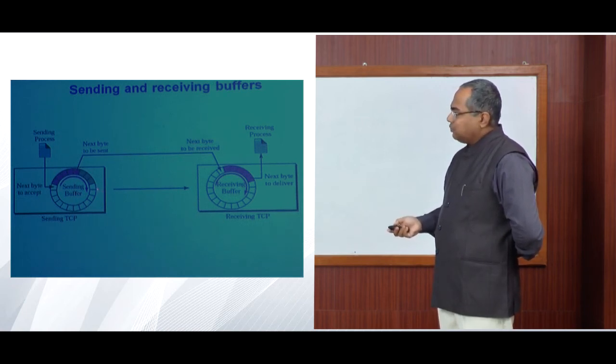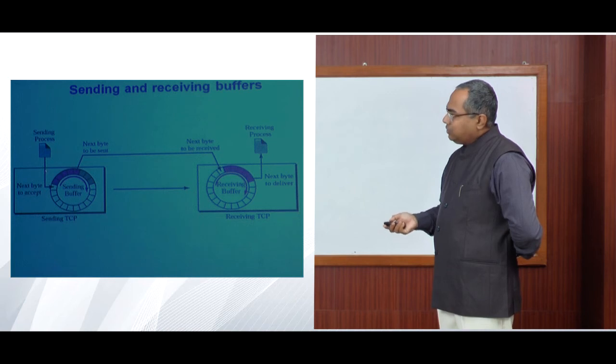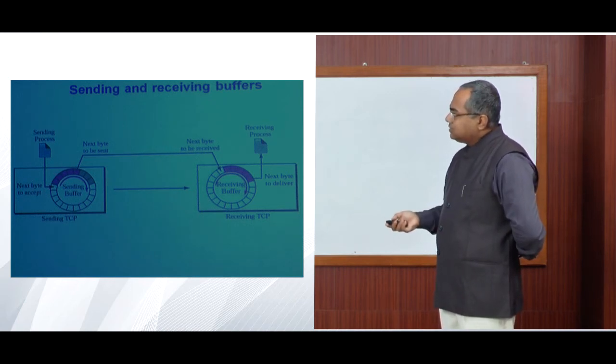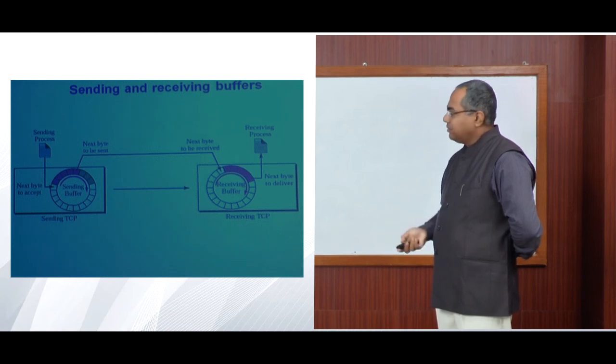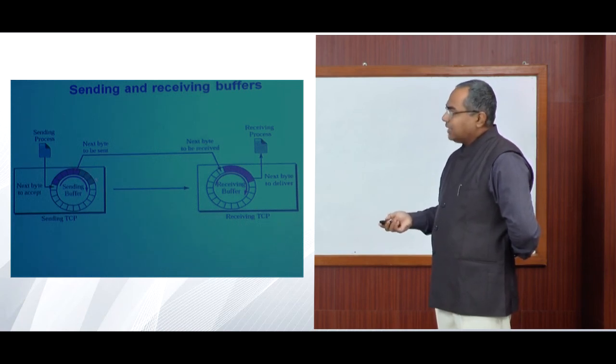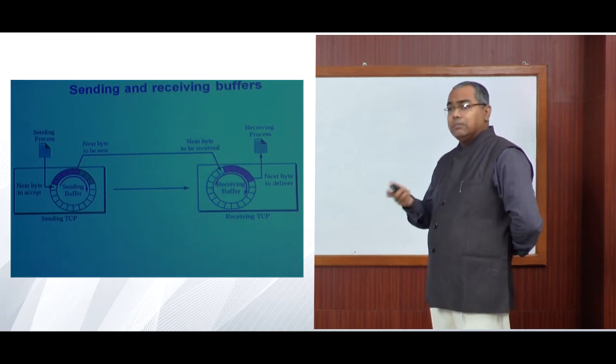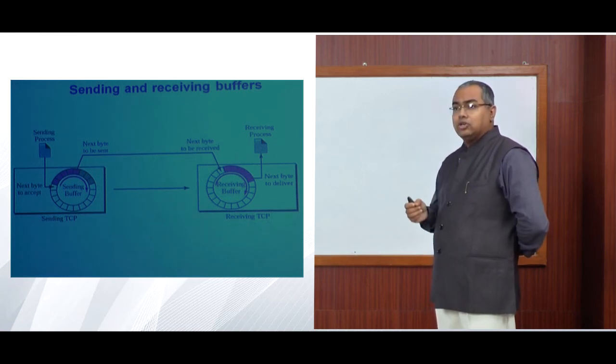White cells, the empty ones, are the next bytes to accept from the sending process. Pink ones are the ones which are already there in the queue, the next bytes to be sent, and the ash colored ones are the ones which have been sent but not yet acknowledged.